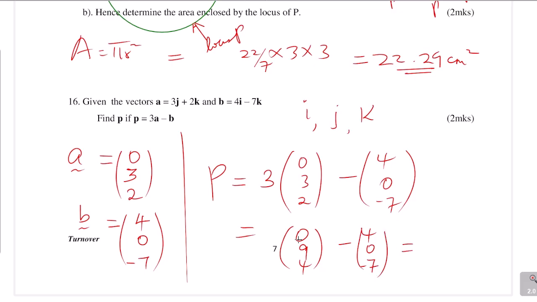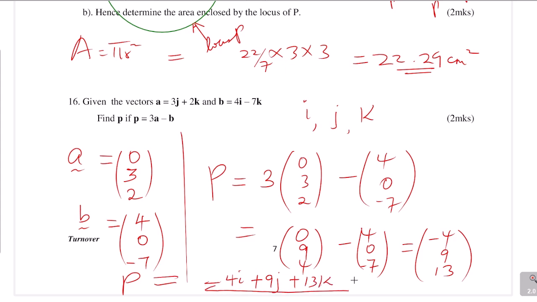So 0 subtract 4, negative 4. 9 subtract 0, 9. 6 subtract negative 7 is 13. So P will therefore be given by negative 4i plus 9j plus 13k. So that is what you're supposed to have as the solution.